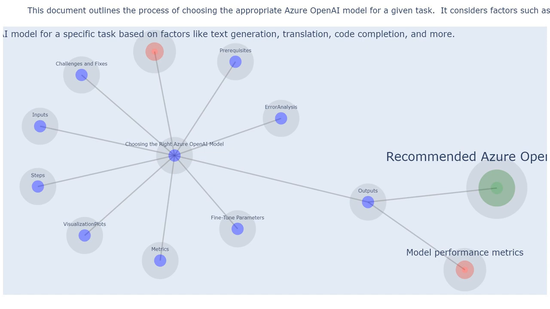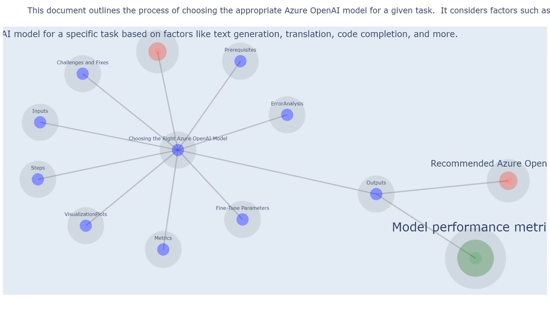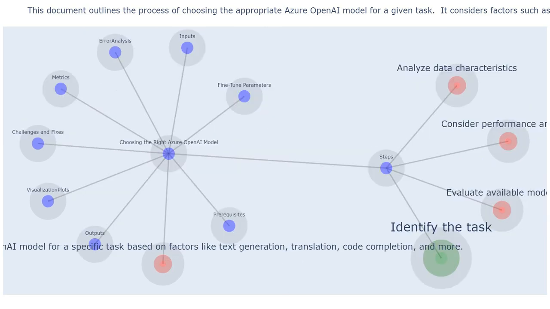Outputs. The recommended Azure OpenAI model that best suits the task requirements. Data characteristics and performance criteria. The performance metrics of the chosen model, including accuracy, fluency, and speed, which provide insights into its effectiveness. Steps. Clearly define the task for which the model will be used.